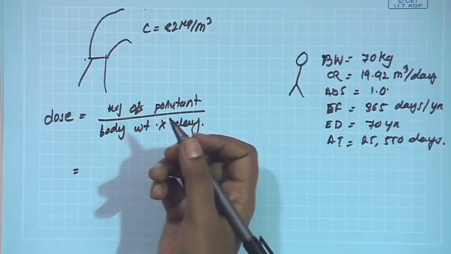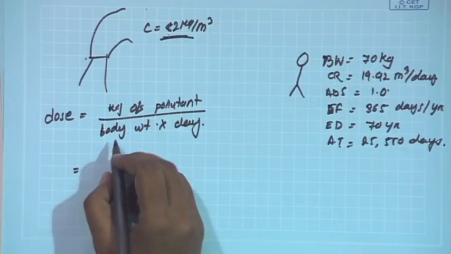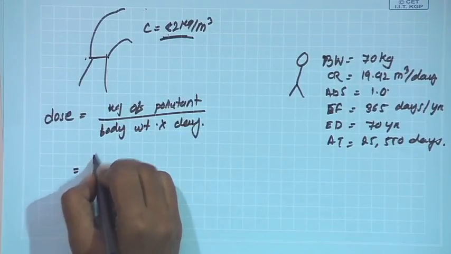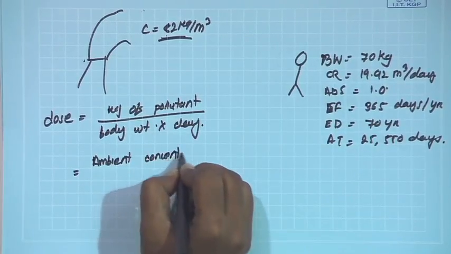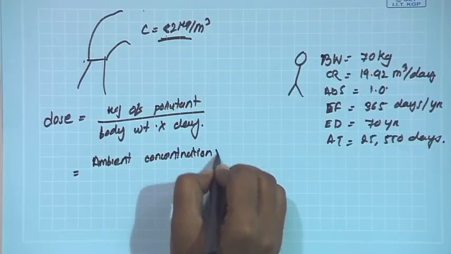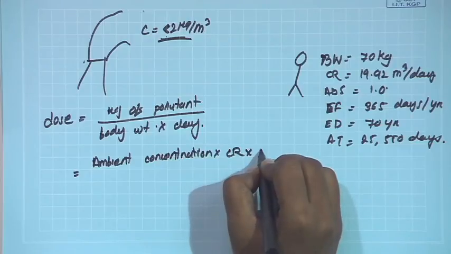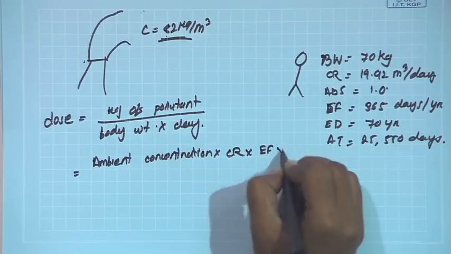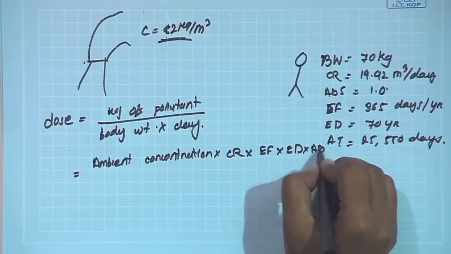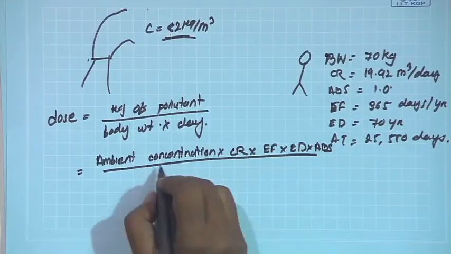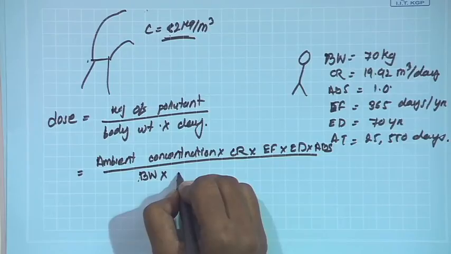The weight of pollutant means weight of benzene, that is ambient concentration, multiplied by breathing rate, multiplied by exposure frequency, multiplied by exposure duration, multiplied by absorption, divided by body weight into average time.